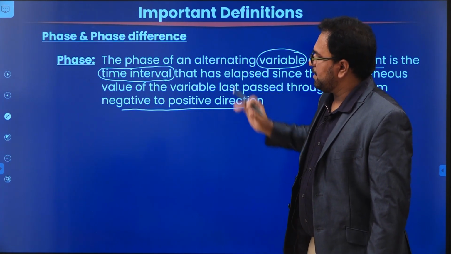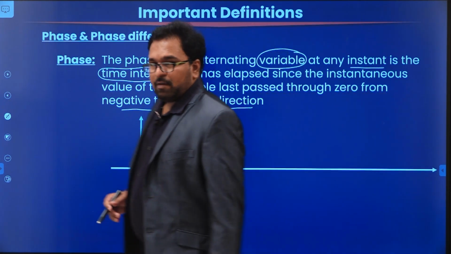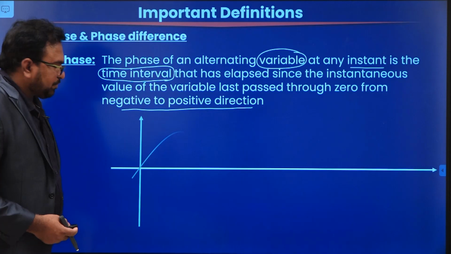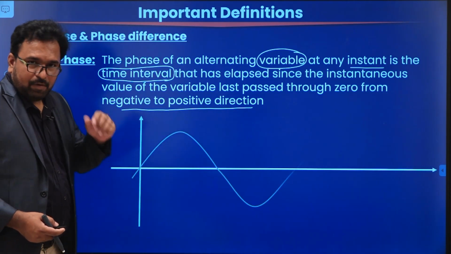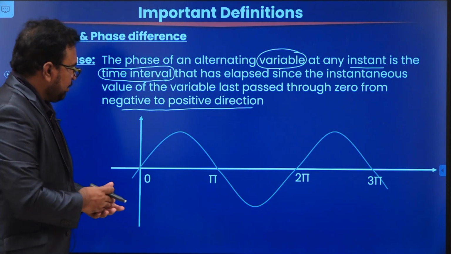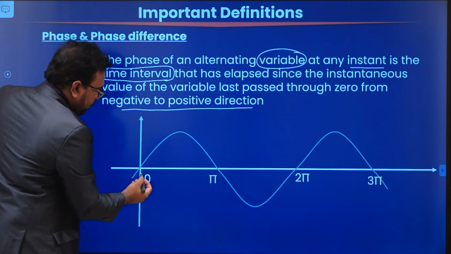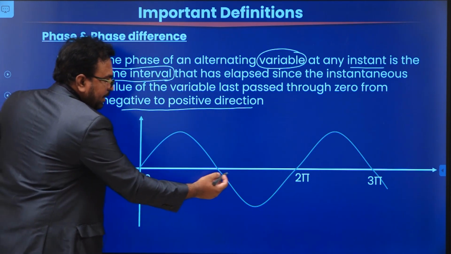Let us understand this definition of phase in a simple graphical way. I have considered a single phase sinusoidal waveform. If you observe here, this waveform has different phases: 0 degrees, 180 degrees and 2 pi.